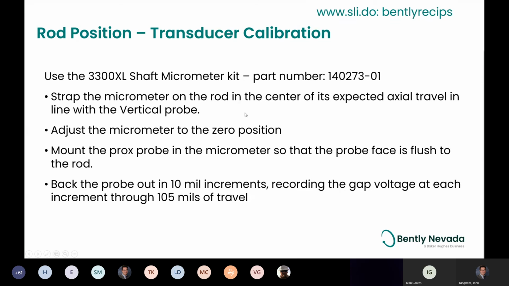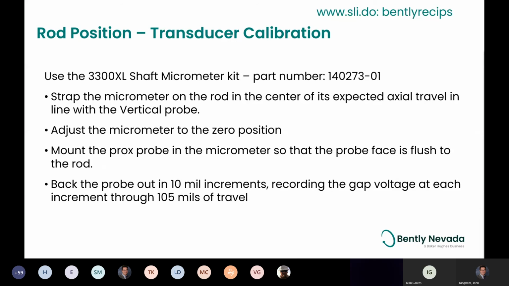And you strap the micrometer on the rod in the center of its expected axial travel and in line with that vertical probe. You'll adjust the micrometer to the 0 position. You'll put the probe into the micrometer so that the probe face is flush to the rod, so it's touching. And then you'll back the probe out in 10 mil increments.